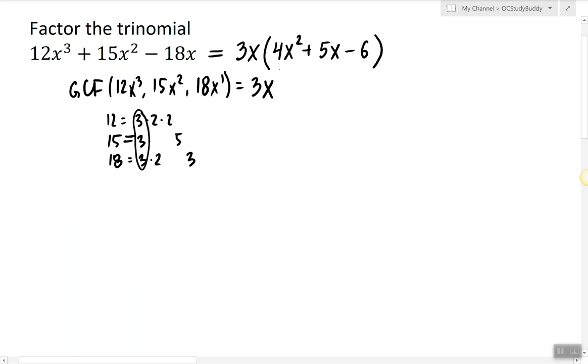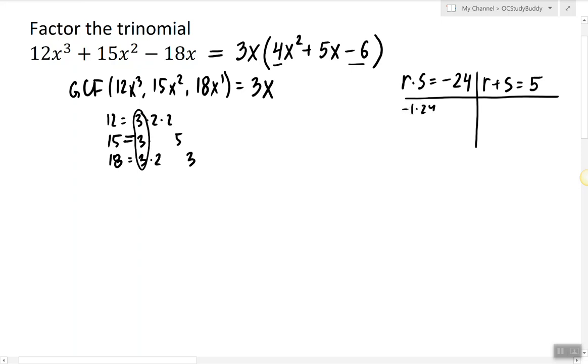Although it wasn't a quadratic trinomial at the beginning, now we clearly see a quadratic trinomial in this factoring. To continue, we're going to factor this quadratic trinomial, and to do so we look for two numbers whose product is equal to the leading coefficient times the free coefficient, so in this case negative 24, and whose sum is equal to 5, the middle coefficient.